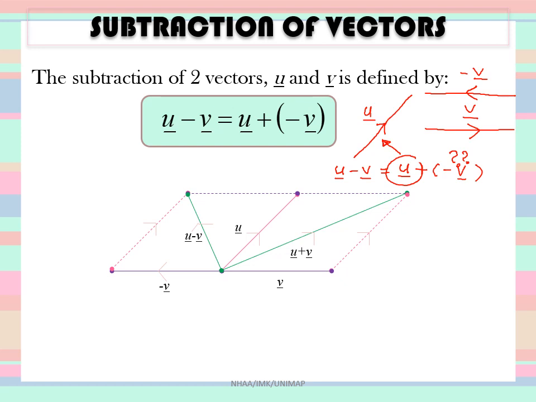Alright, so you have two choices here, whether you want to use the first law, the triangle law, or the second law, which is the parallelogram law, to find the resulting vector. Okay, so I show you the first method, the triangle law.